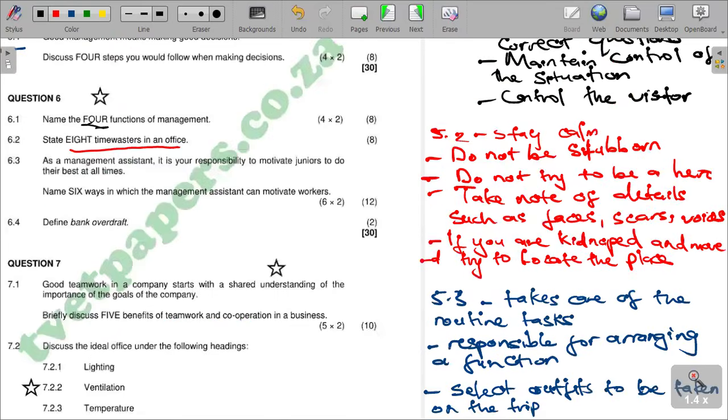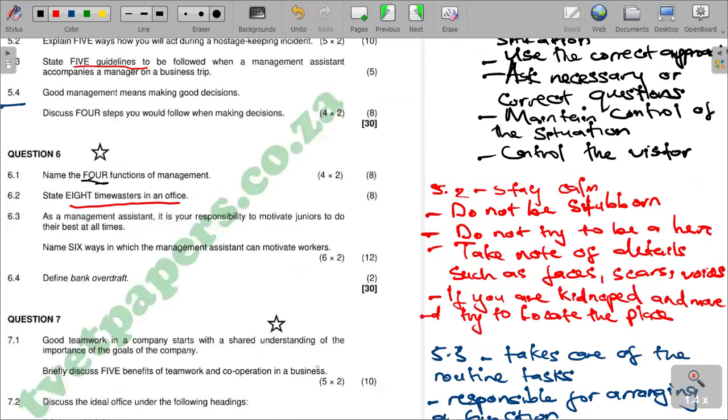So let's go to 6.3. As a management assistant, it is your responsibility to motivate juniors to do their best at all times. Name 6 ways in which the management assistant can motivate workers.